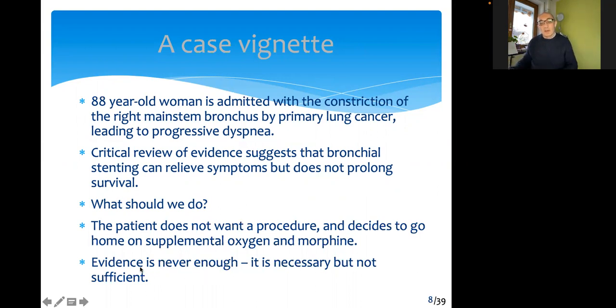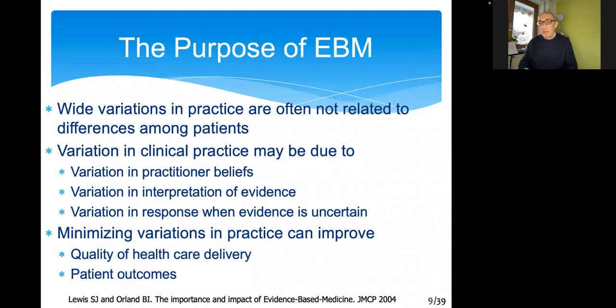And therefore, we say evidence is never enough. It is necessary, but not sufficient. We have to consider also the patient's viewpoints, and of course, the setting and the resources as well.